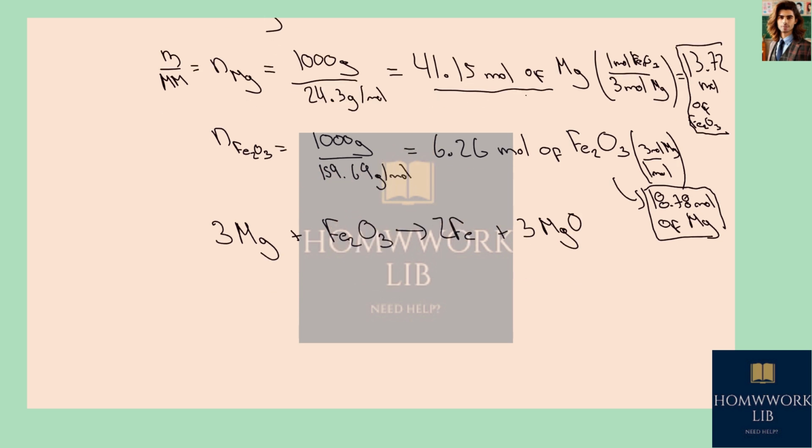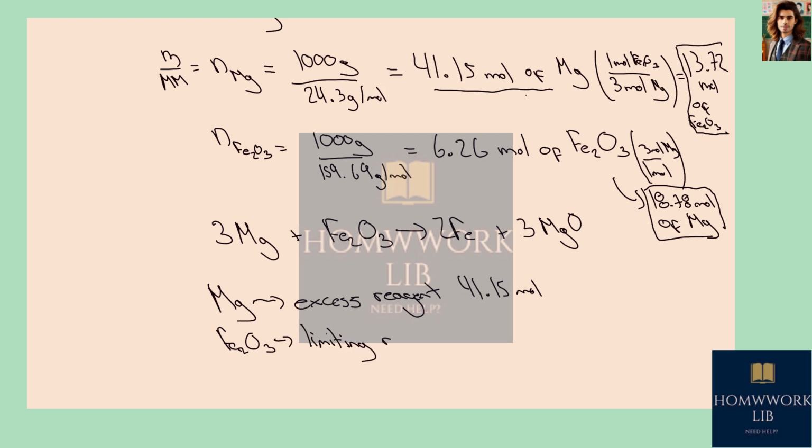So magnesium, it will be the excess reagent with 41.15 moles, and iron oxide, it is going to be my limiting reagent with 6.26 mole that can react with a maximum amount, considering a 100% yield, of 18.78 mole of magnesium.